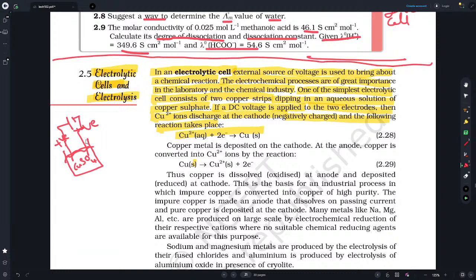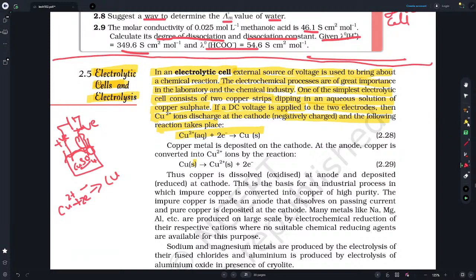Then at the cathode, Cu2+ ions in the copper sulfate solution will be attracted toward the cathode, take the electrons, and be deposited on the cathode.